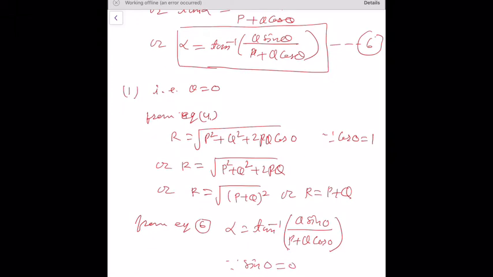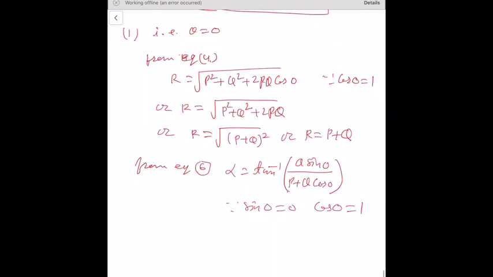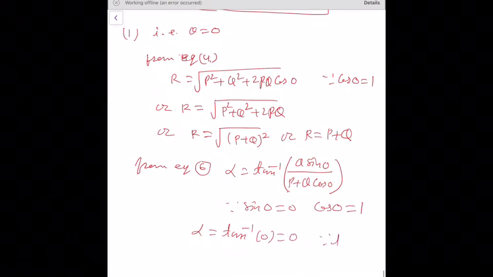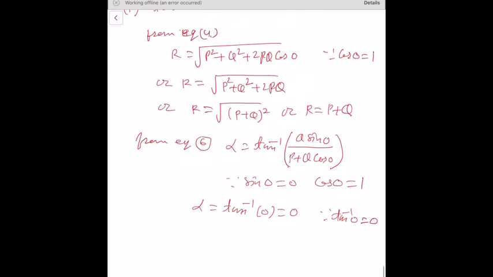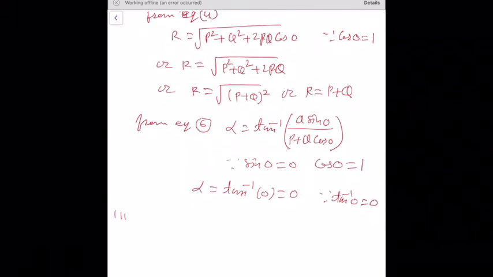Since sin 0 is 0 and cos 0 is 1, so we can write alpha equal to tan inverse 0 equal to 0, since tan inverse 0 equal to 0.